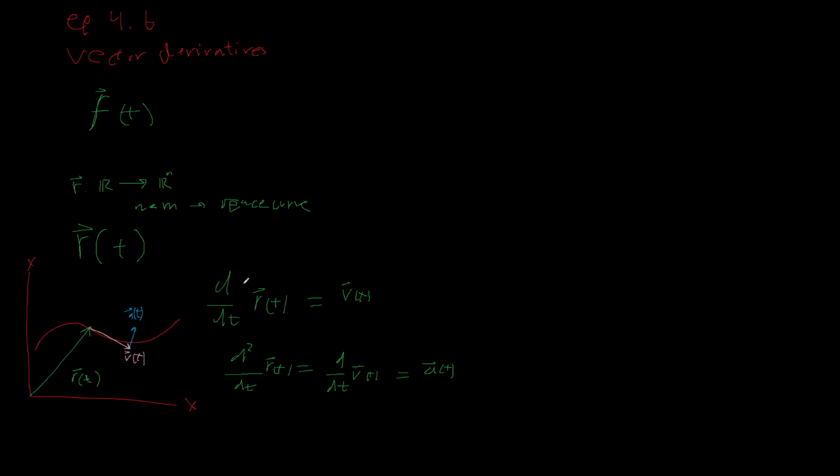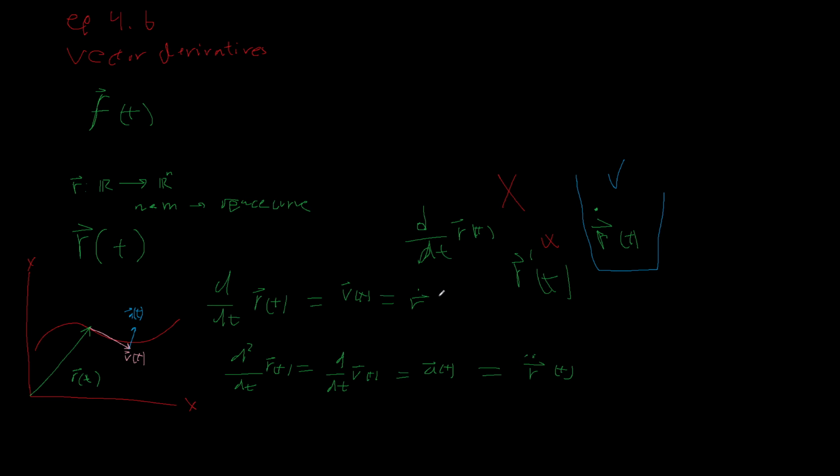There's an interesting shorthand that we're going to be using in physics. If we have d over dt of r of t, we don't write it like this, and we don't even use this r prime. We use a dot, so we write r dot of t.